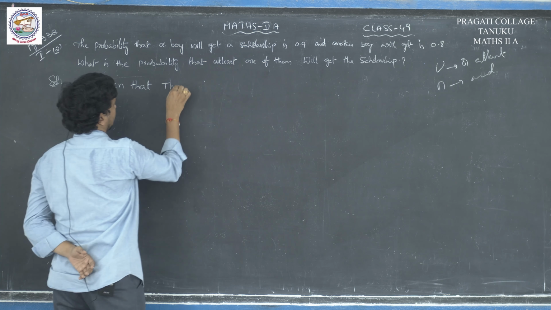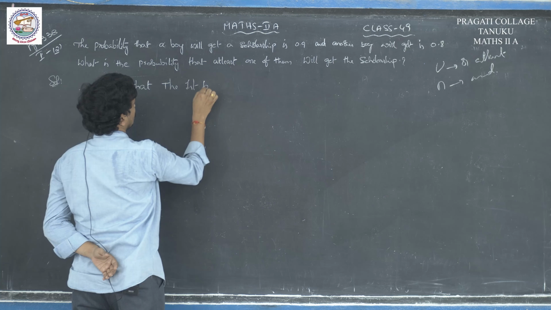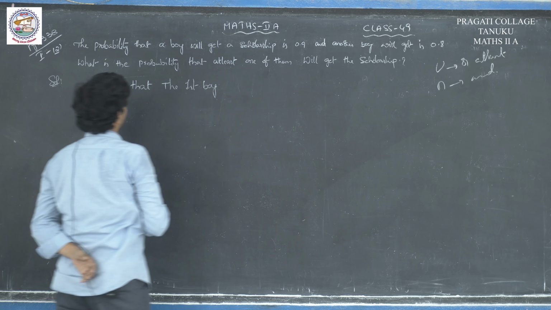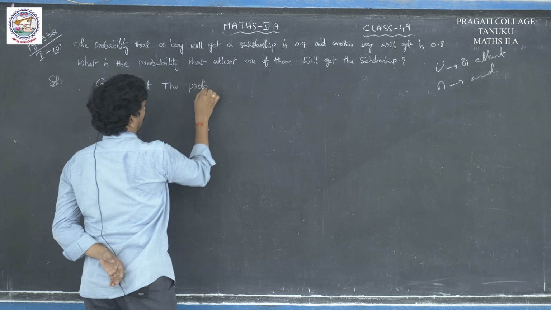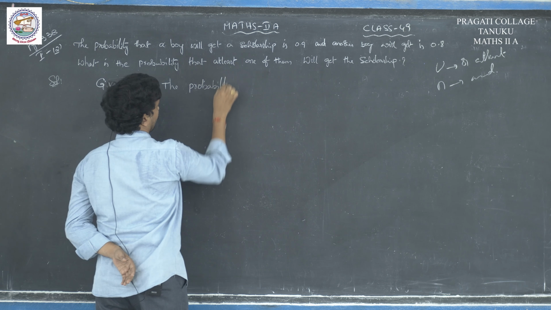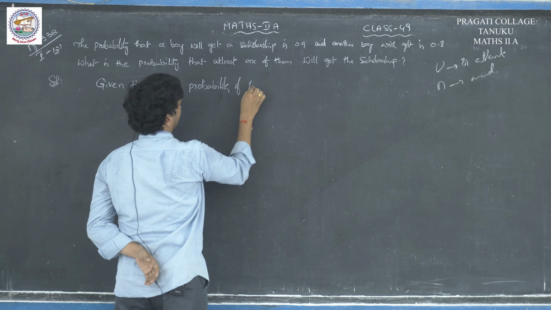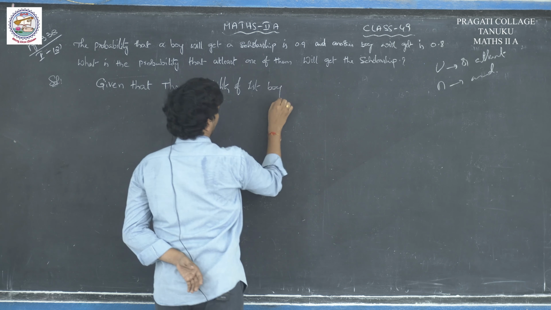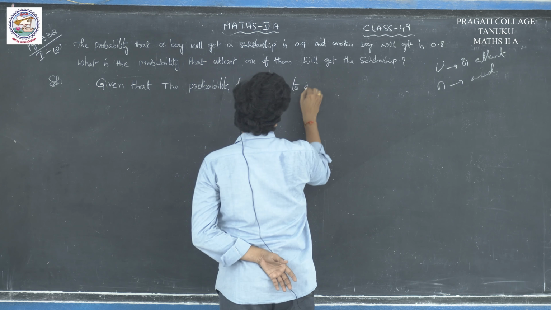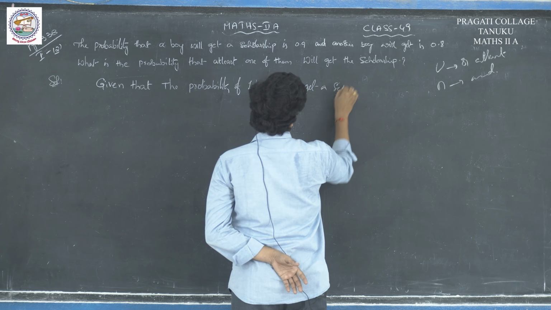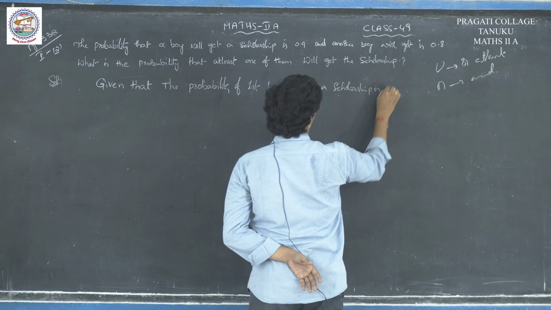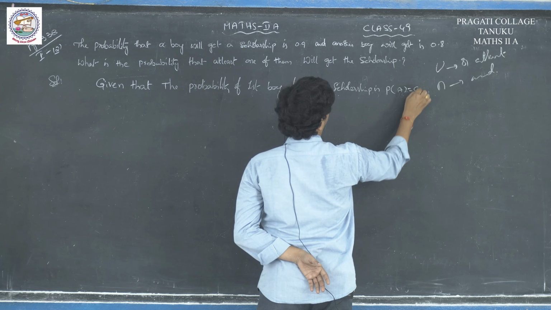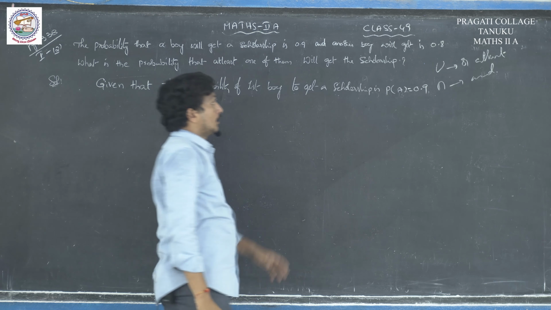Given that the probability of the first boy to get a scholarship is denoted by P of A. Here P of A is equal to 0.9.